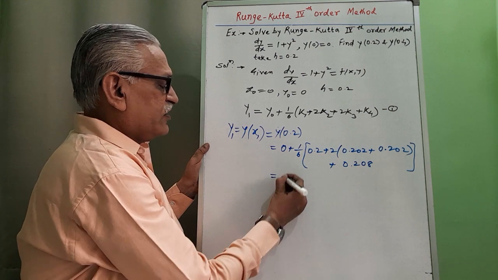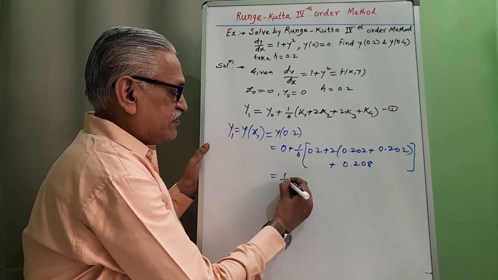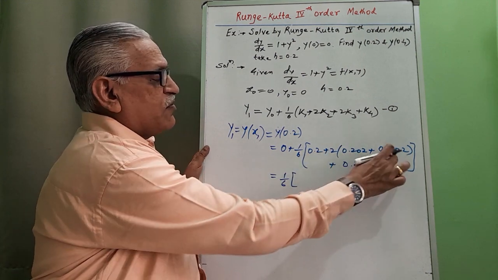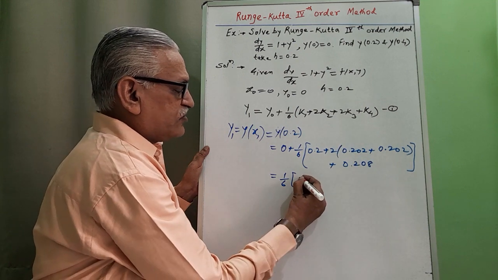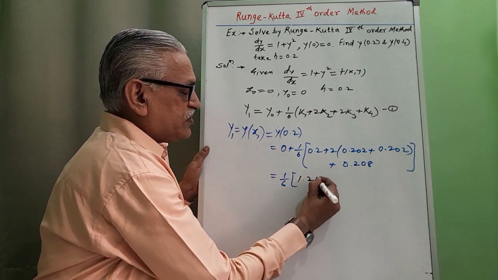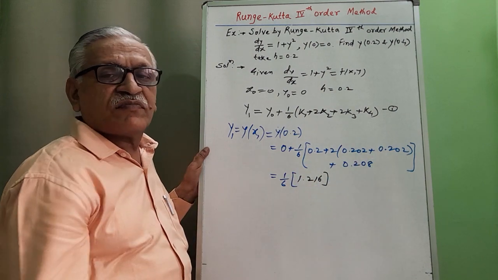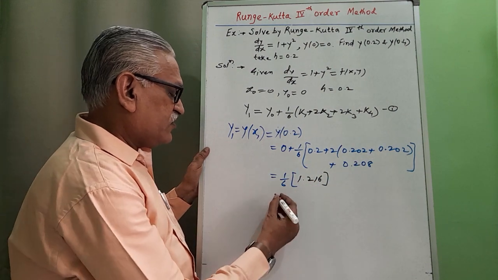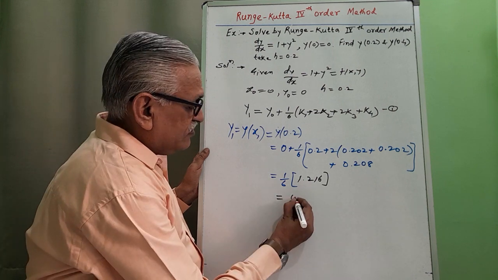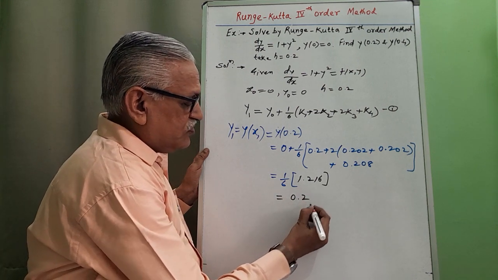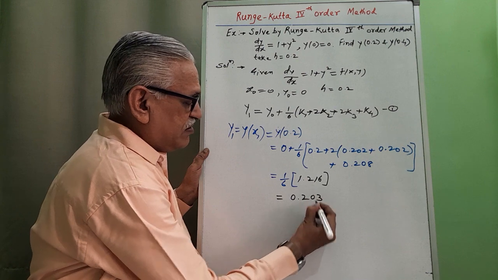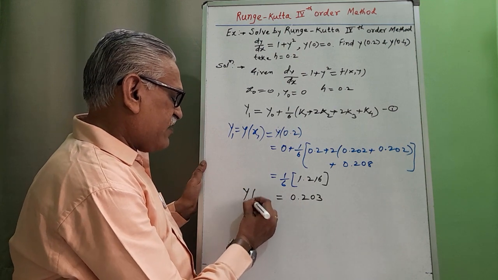If you perform this by calculator, that value is coming as 1.216, sum of all these terms multiplied by 1 by 6, we get that value as 0.203. This is y at 0.2.